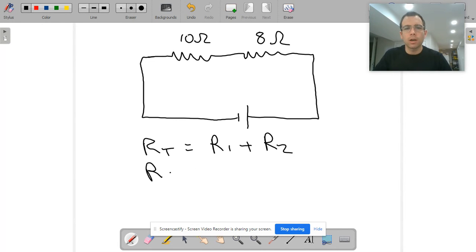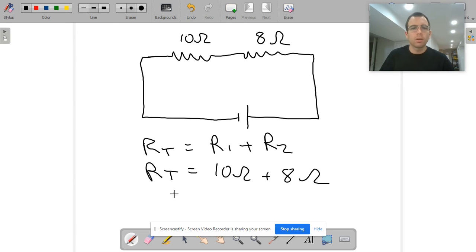So RT is going to be equal to 10 ohms plus 8 ohms, which is equal to 18 ohms. So that's how you find resistance of one or more resistances in series.